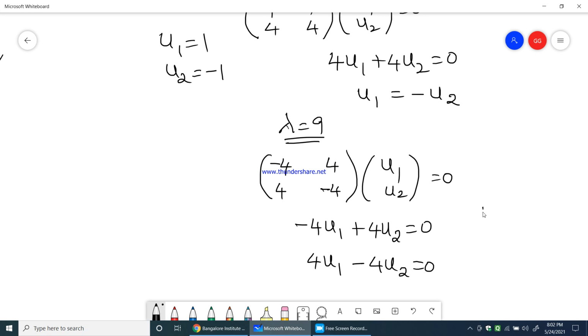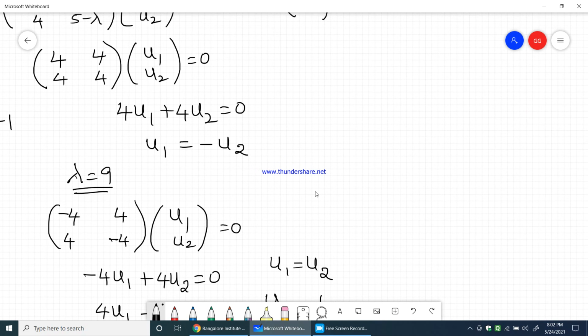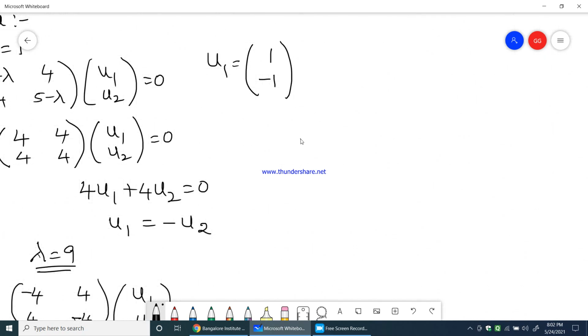In both equations u1 equals u2. Therefore when u2 equals 1, u1 is also 1, so the second u vector is 1 and 1. The total vector u is 1, minus 1 as the first one, and 1, 1 as the second one.